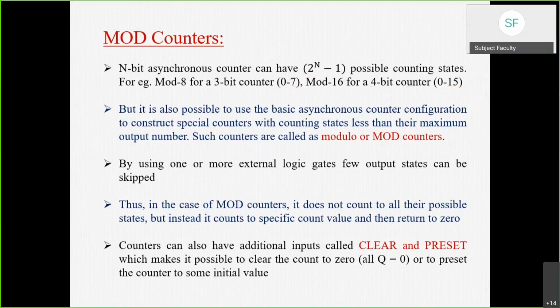Now, suppose you have a requirement. A 2-bit counter has possible counts of 4, and a 3-bit counter has possible counts of 8.